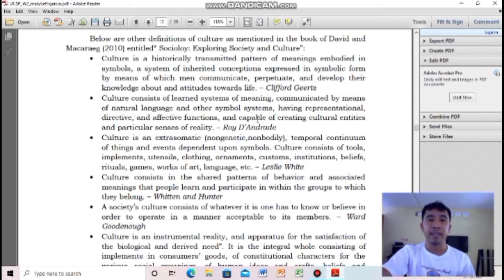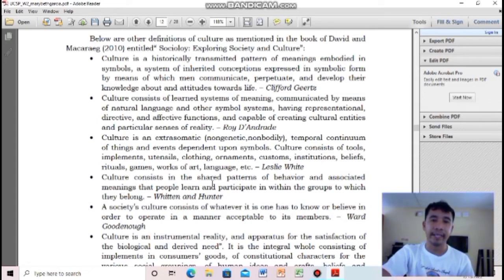So, din naman niya, learned systems of meaning. Kumbaga, ang mga kahulugan sa mga bagay-bagay nga sa palibot, including na sa aton nga symbol system and language, no? Kaysa una, wala man kita organized gid nga language, no? It started from symbols, from signs, no?